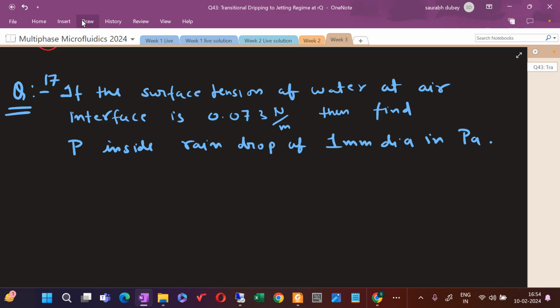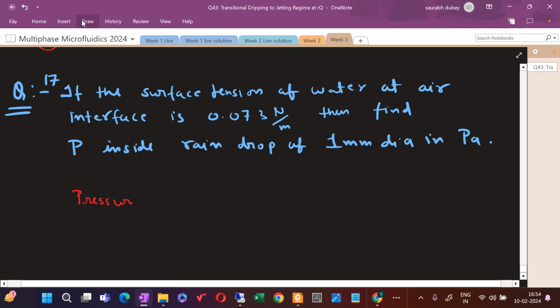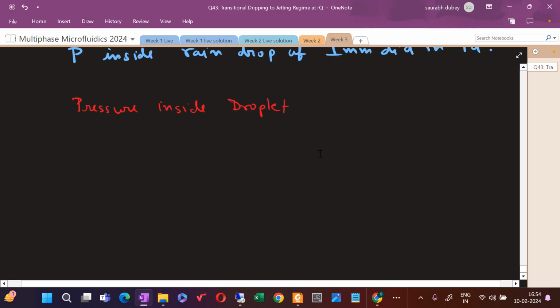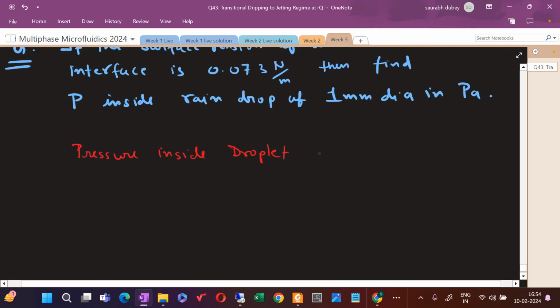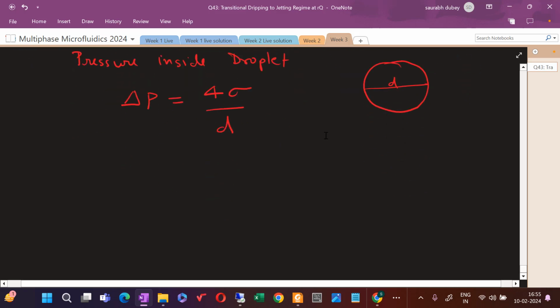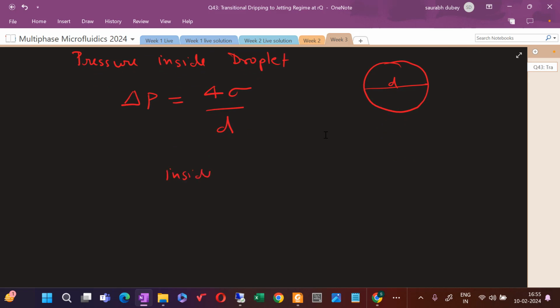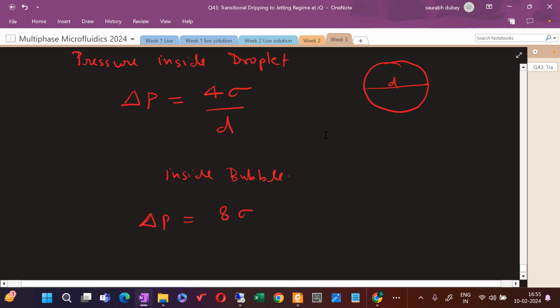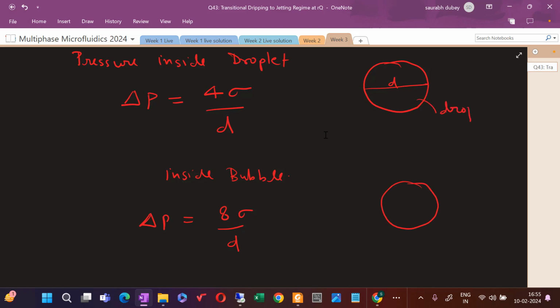The pressure drop inside a droplet is delta P equals 4 times surface tension divided by D, if the droplet diameter is D. And if it is inside a bubble or soap bubble, delta P equals 8 sigma by D. This is a drop, this is a bubble.